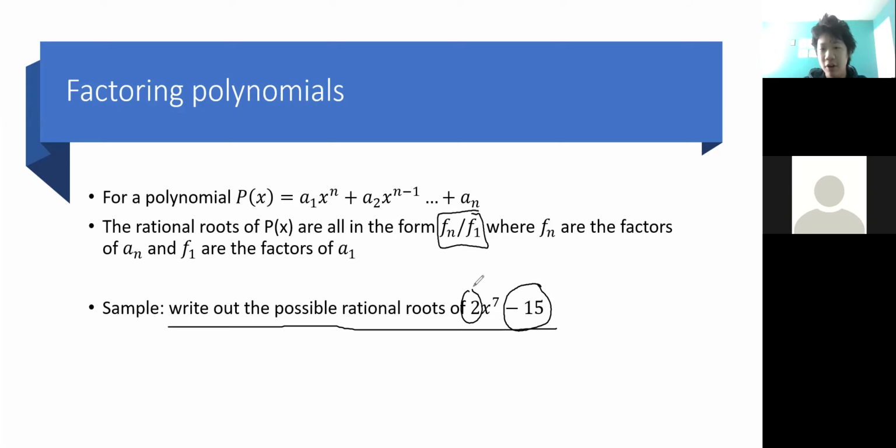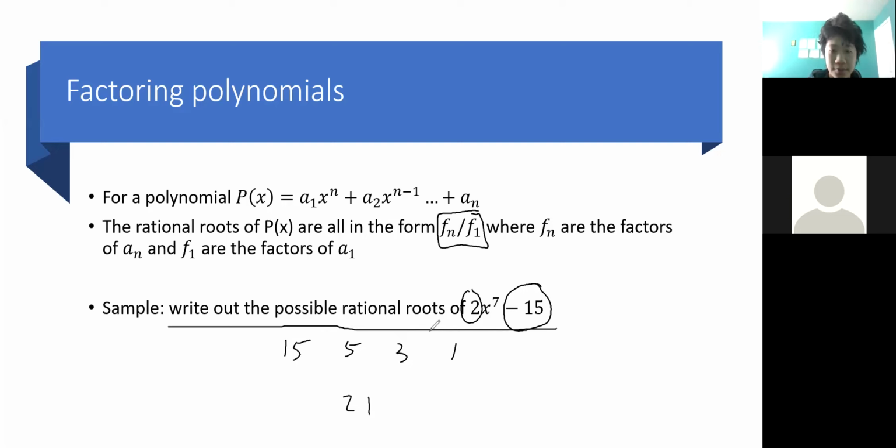Let's first write out all the possible factors of 15: 15, 5, 3, or 1. I don't really care about negatives here. So we figure out all the possible factors of 15, and all the possible factors of 2, which are 2 and 1.